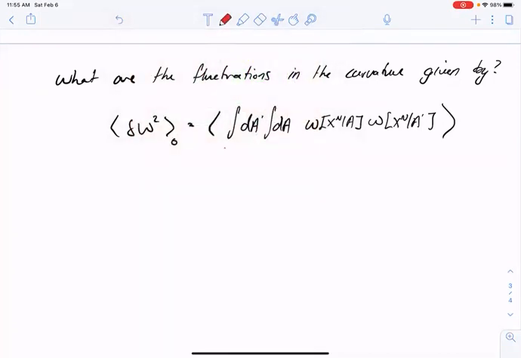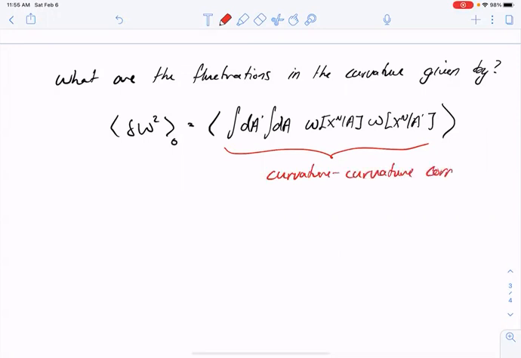So this is to remind you that collective fluctuations, the total variance of the curvature, the net curvature of a membrane, is given by a couple integrals over a correlation function. Here the curvature correlation function.